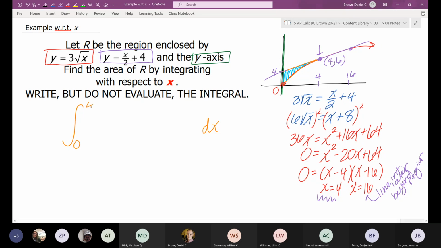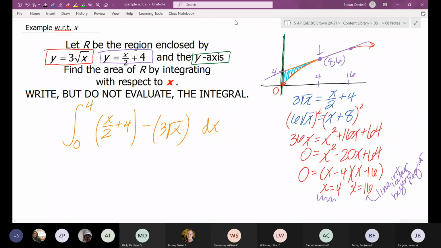It's ending at the x value of 4. And then we want to do top minus the bottom. So I have the top function minus the bottom function, and then make sure I put a dx at the end. It didn't ask me to evaluate it, but that integral would give you the exact area of that region. Questions on that setup?